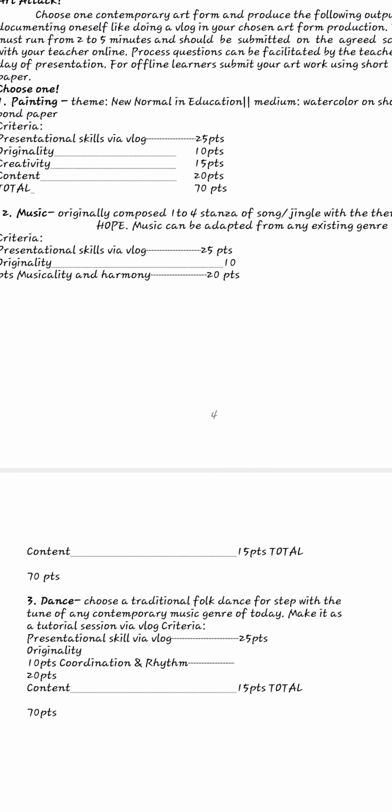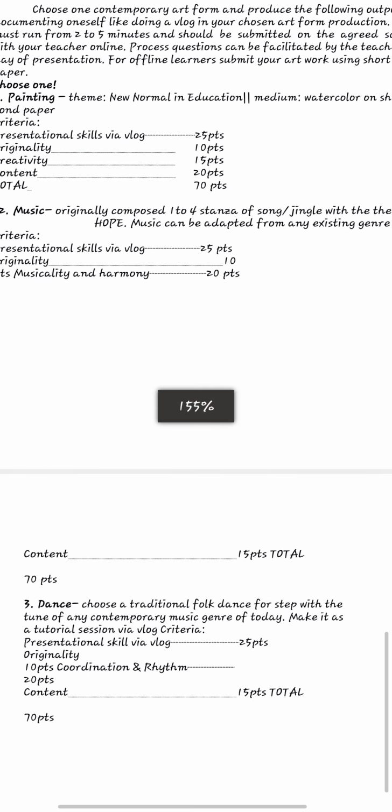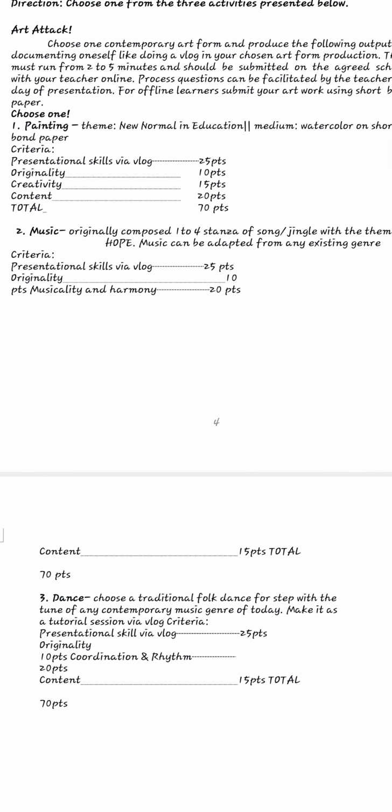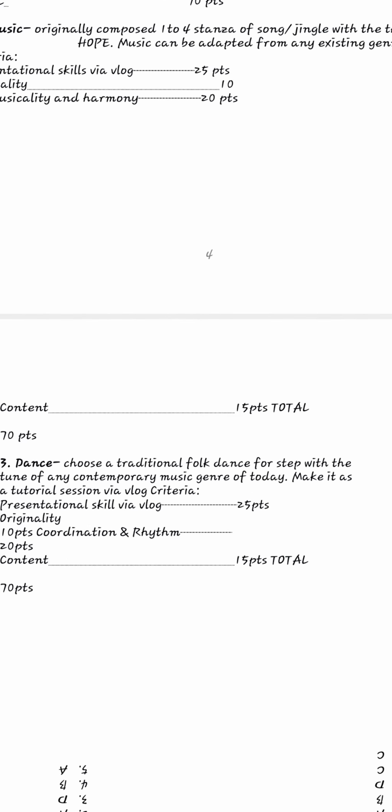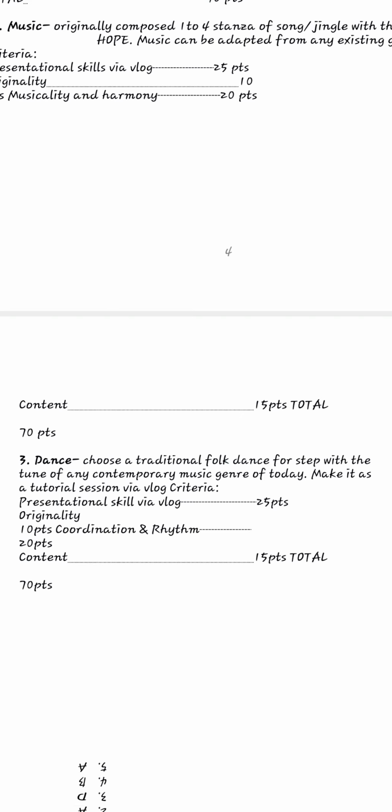If you choose music, you have to originally compose one to four stanzas of a song or jingle with the theme hope. If you choose dance, choose a traditional folk dance with steps set to the tune of any contemporary music genre of today. Make it a tutorial session in vlog format.